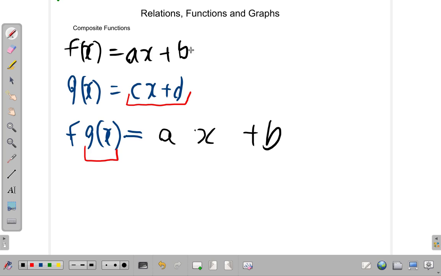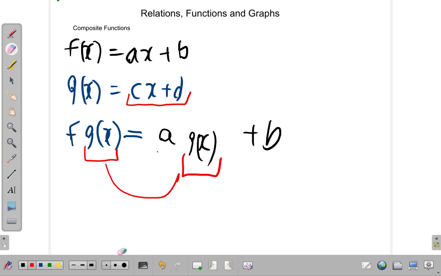Same thing as up here. But we have f of this. So what we will do at this point is remove the x and have this there, fg of x. Same thing as this. You see that?